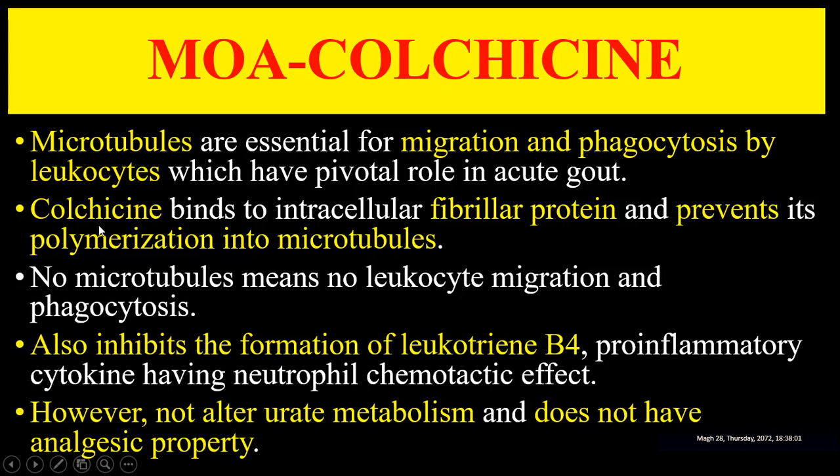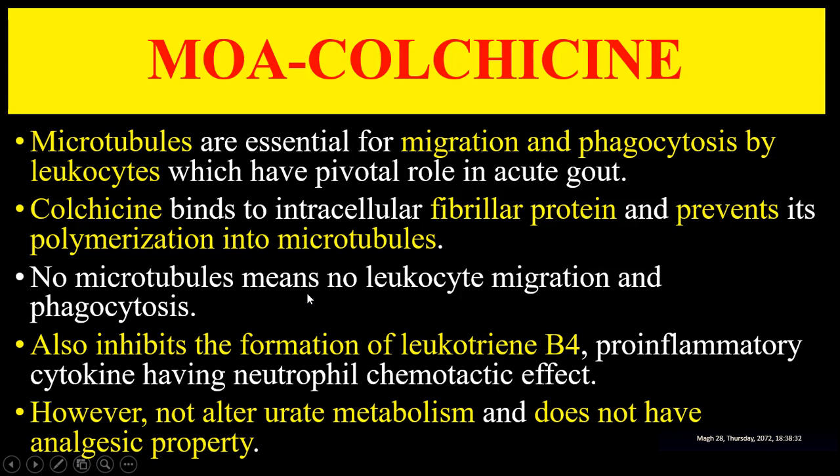So what colchicine does is, it binds to the intracellular fibrillary protein and prevents its polymerization into microtubules. So no microtubules means no leukocyte migration and phagocytosis. This is the way in which it acts.